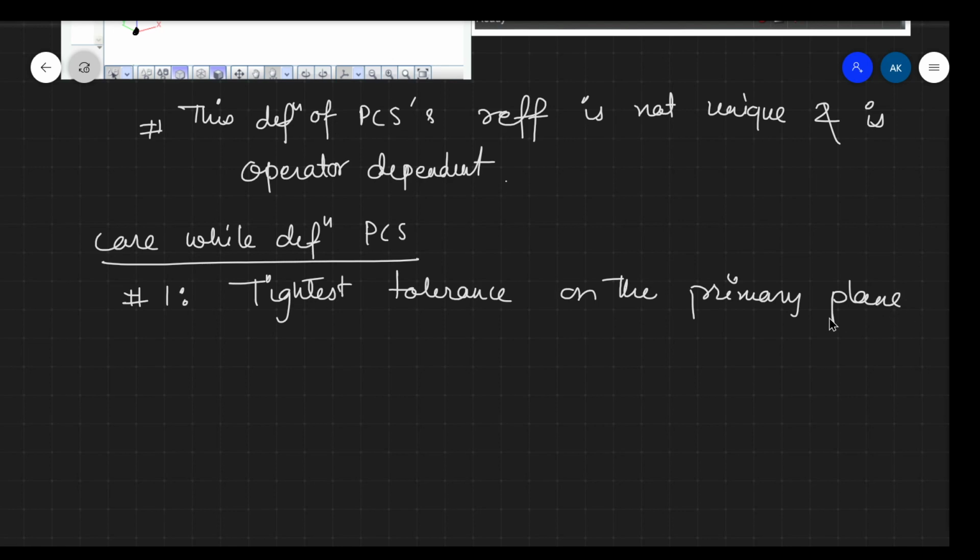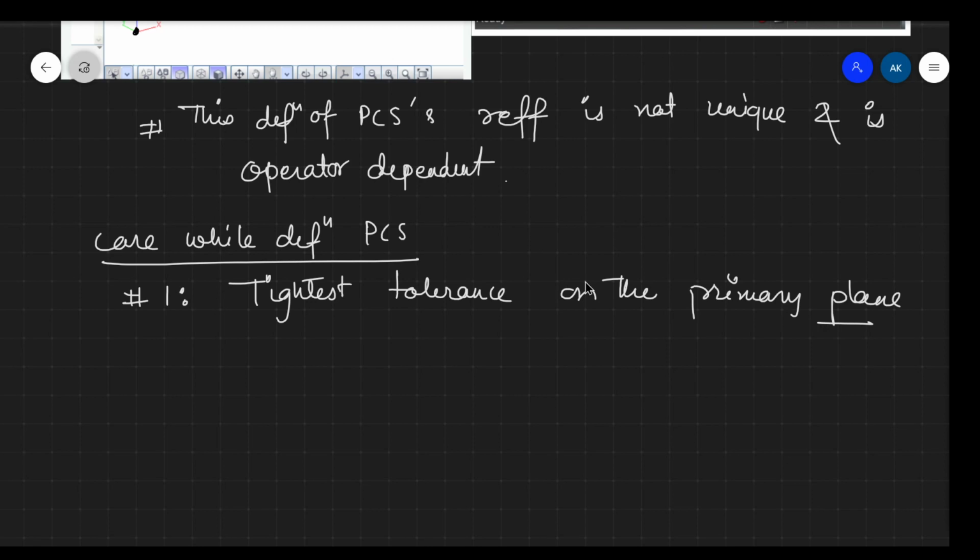It means that when you are starting to choose the part coordinate system, the first plane you choose should have the tightest tolerance, or you should be sure about the deviation that can be there.